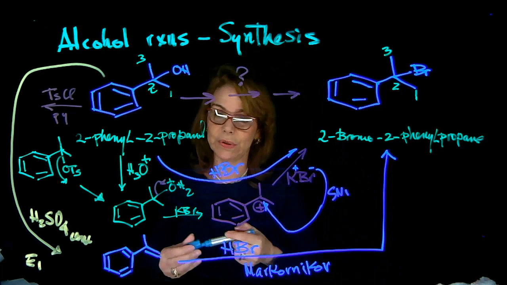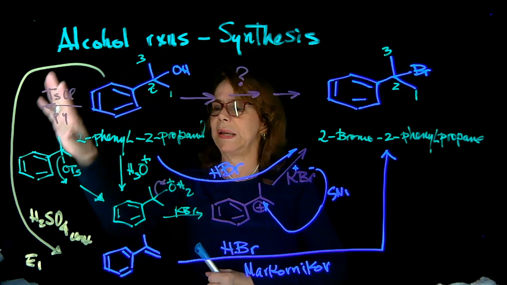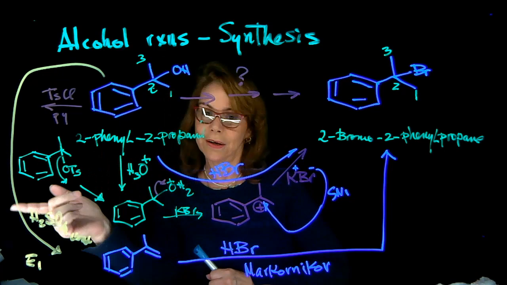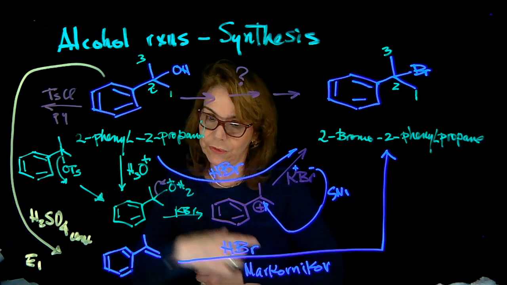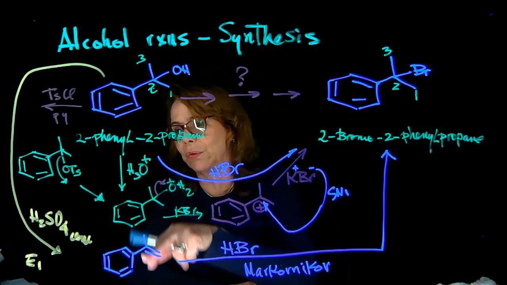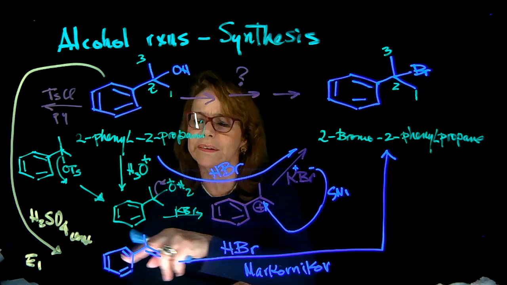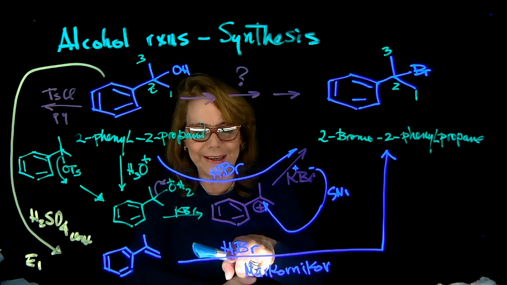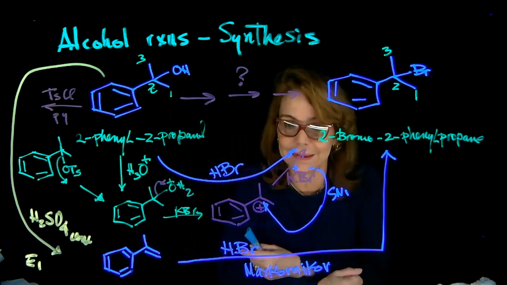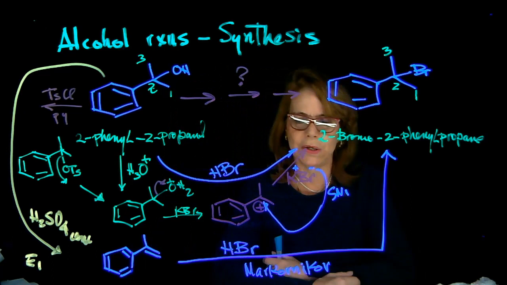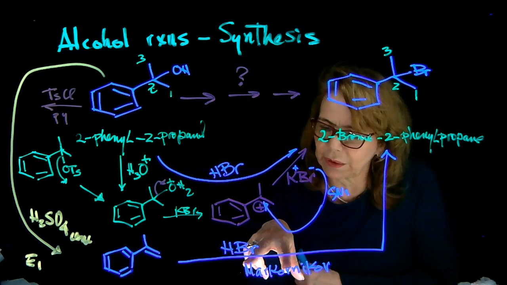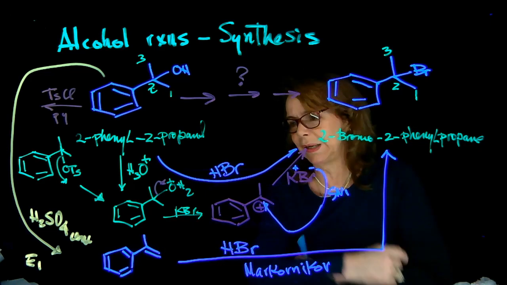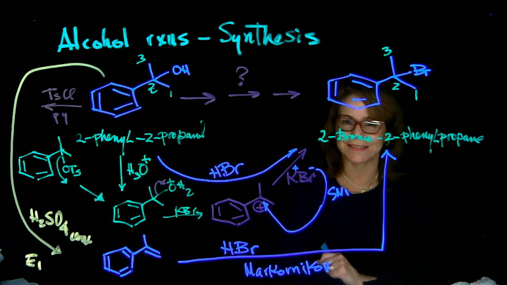Another way was an elimination reaction. Tertiary alcohols, when treated with concentrated sulfuric acid, will undergo elimination. This is actually a dehydration, and you will form this alkene. Then you do an addition reaction with HBr, which will give you Markovnikov regioselectivity, so H at the least substituted carbon and bromine at the more substituted, to get the desired product.